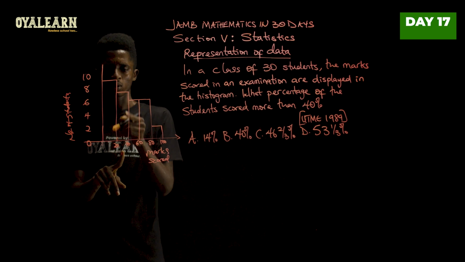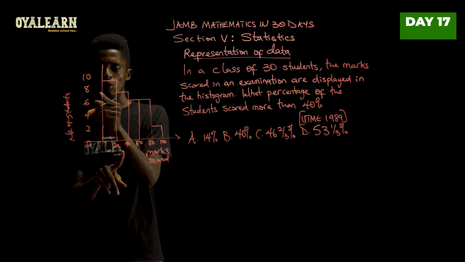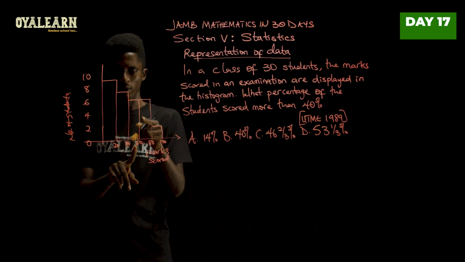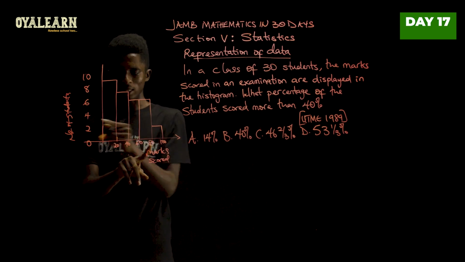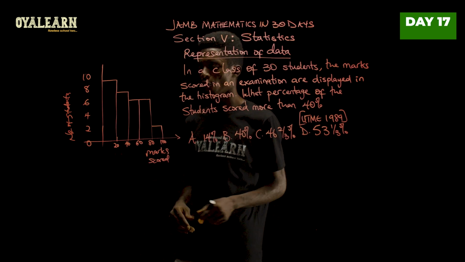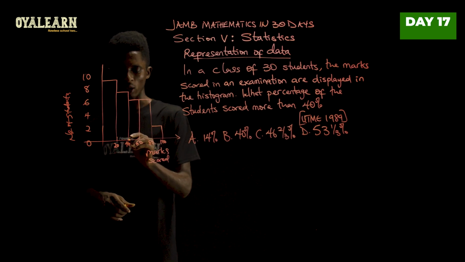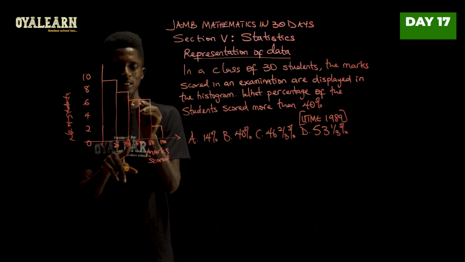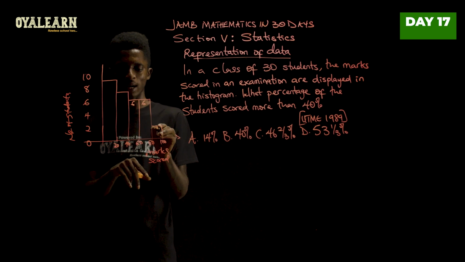Now, less than 40 students scored 7. Here we have 6, and here we have 2. Since we're only considering those that score 40 or more, we're only going to be on this line forward. So from this line forward, here we have 6, and then here we have 2.